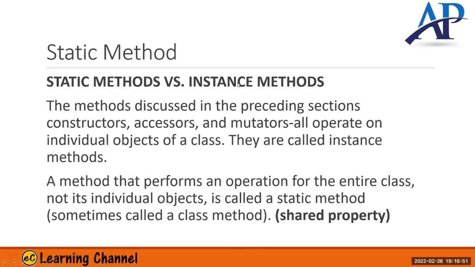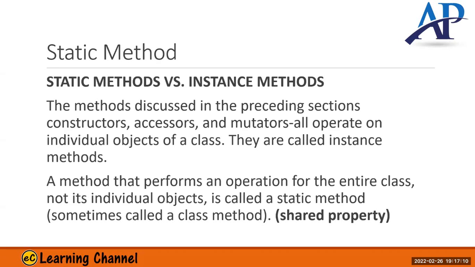So, static method versus instance method. Usually a static property, static method, or static variable is a shared function. It performs operations over the whole class, not only one object. We call it a static function.